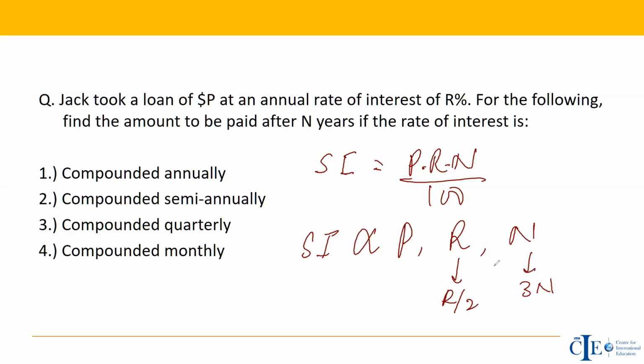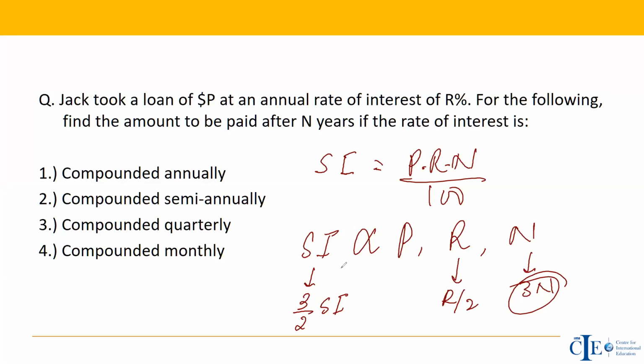The interest will become 3 times because of the period change to 3 times, and interest will also become half because of the rate. So overall, the new interest will be 3 times for N but half for R, so 3 by 2 of the original value. Hence the new interest would be 1.5 times the original. You can directly deduce that because they are proportional to each other.